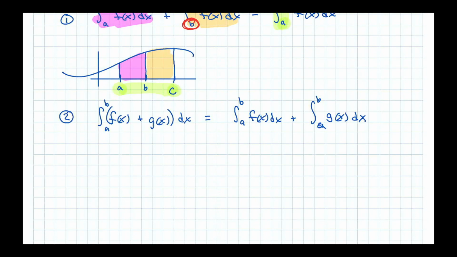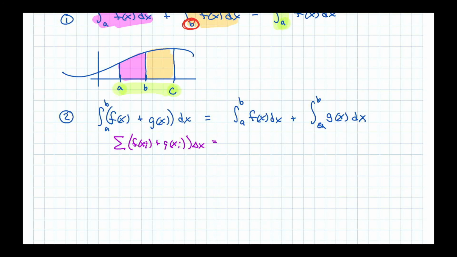This comes directly from the properties of sums. When we were talking about sums, I don't really want to get too much into it, but if you have f of x i plus g of x i, and then they're all multiplied by a delta x, right?